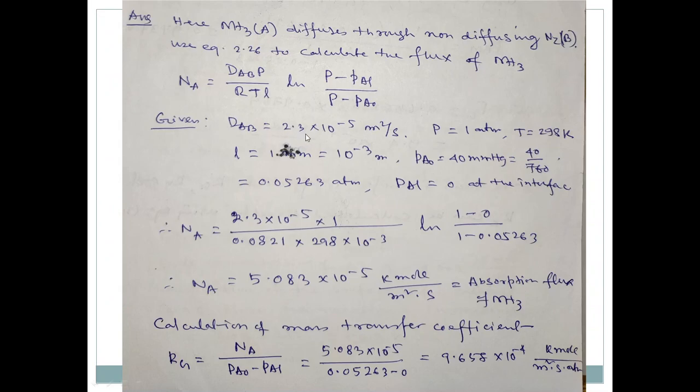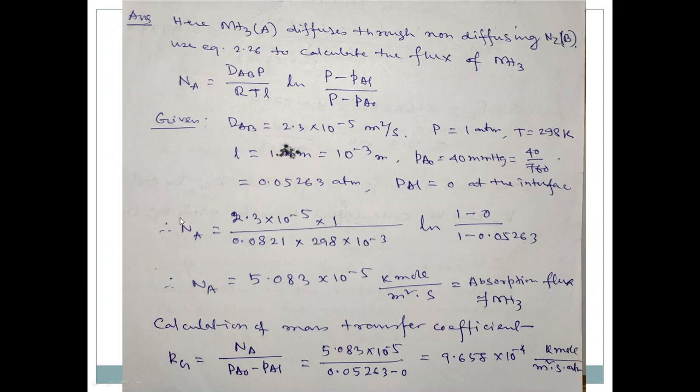Now DAB is in centimeter square per second, then I calculate in meter square per second. P equals 1 atmosphere, T equals 298 Kelvin, L equals 1 millimeter equals 10 to the power minus 3 meter. PA0 is 40 mmHg, so 40 by 760 equals 0.05263 atmosphere. And PAL at the interface is equal to 0.